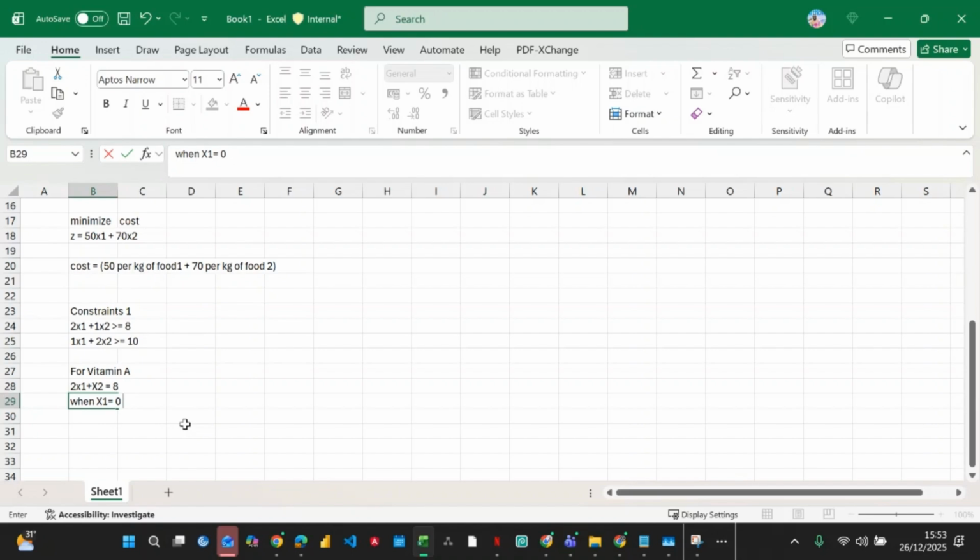When x1 is equals to 0, on that first equation, it means x2, x1 is equals to 0, x2 is equals to 8.